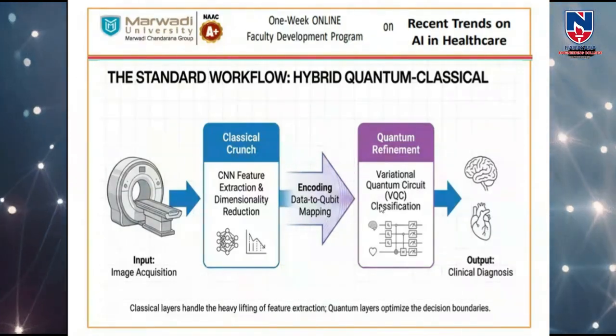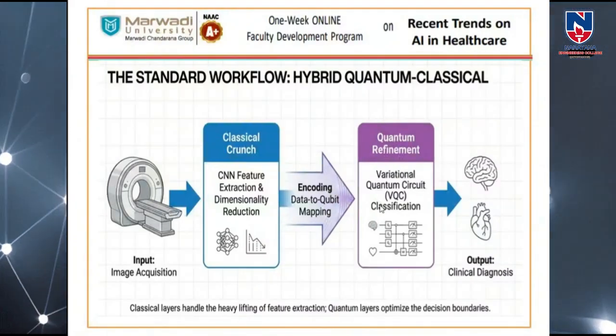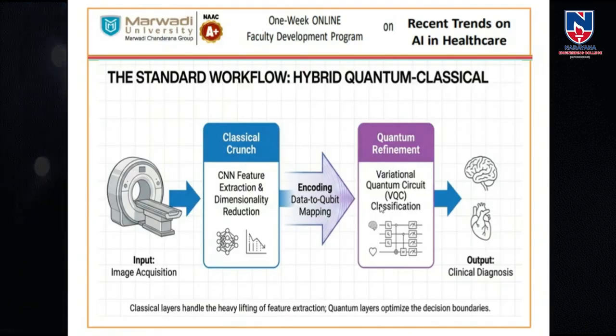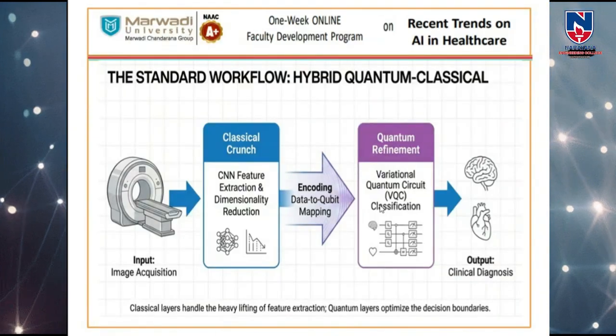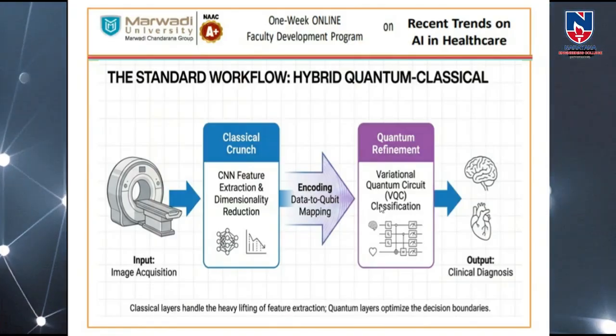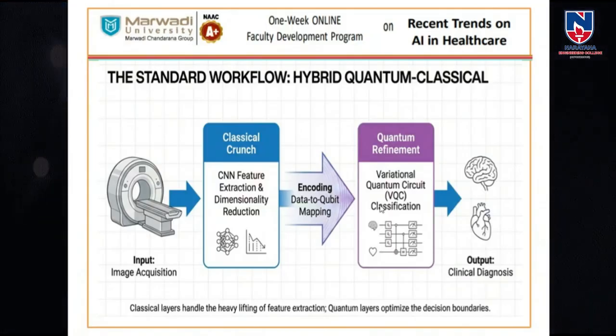Still, people are working with fewer than 20. Even though IBM has claimed 50 to 100, it's not really realized till now. In the research papers, people are working with 4 qubits, hardly 16 qubits. That's why the CNN performs the feature extraction and dimension reduction.